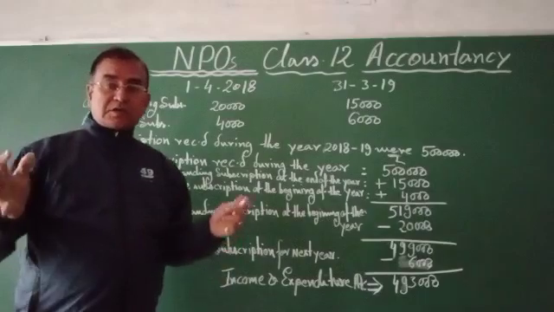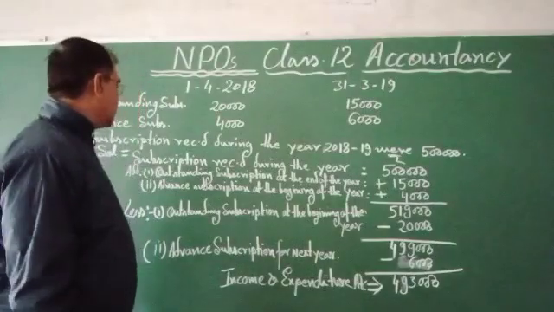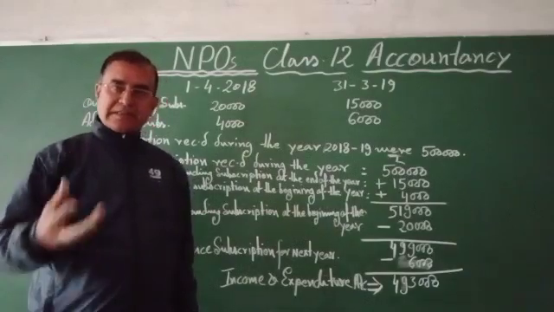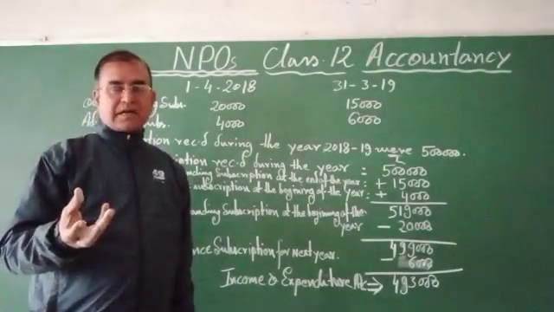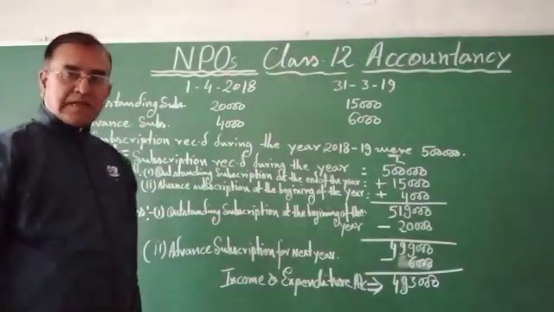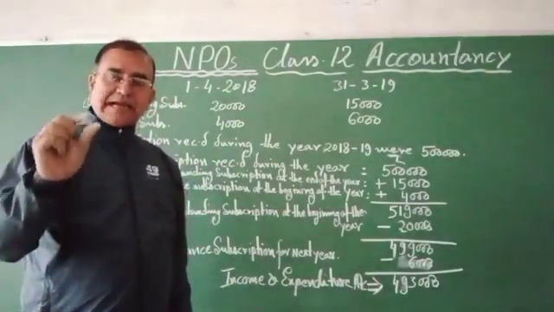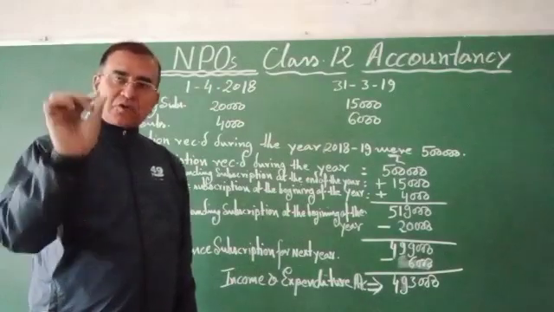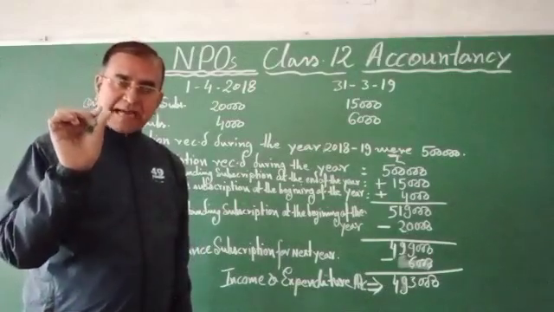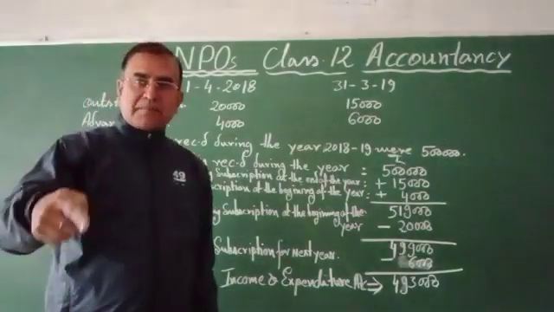The amount received as subscription by the organization in 2018-19 is 5 lakhs in cash. We have to ascertain the actual income of the particular accounting period as subscription to be credited to the income and expenditure account.